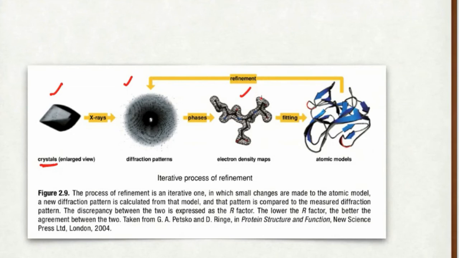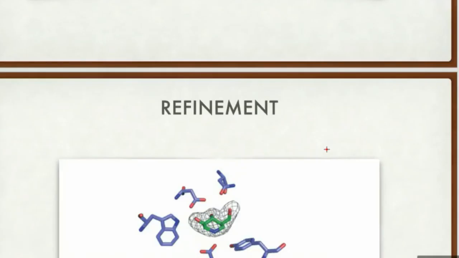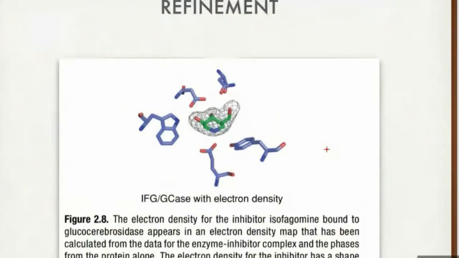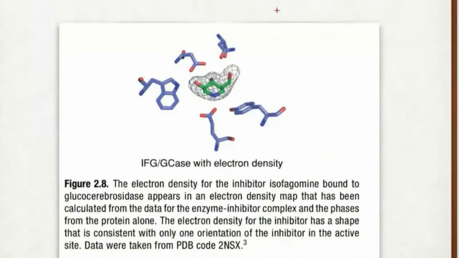So we have to fit the atoms, and you will get the model. If you are not satisfied with this model, it's an iterative process. Again, go back to the diffraction pattern and make the fitting again and again and again, unless and until you are satisfied with your atomic model. It's an iterative process, not one step, right? So this is very important.